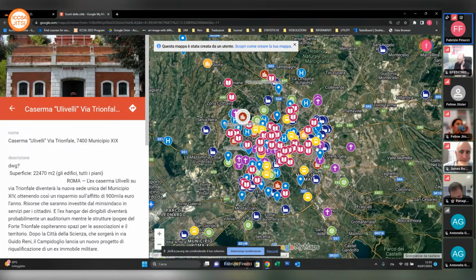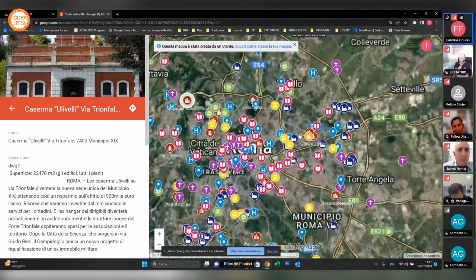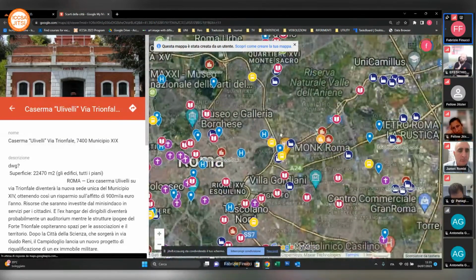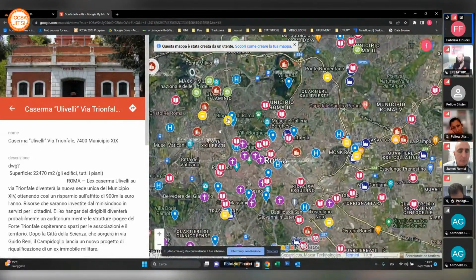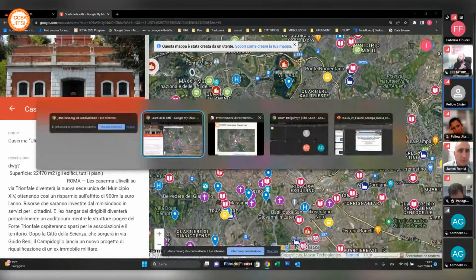We are waiting to receive other financing to develop this map better. It was built since 2017, as I said, with the contribution of students and citizens, and it's still very much navigated and used because it gives a lot of information.